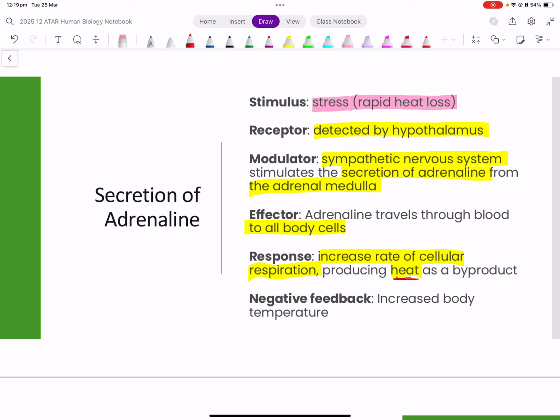Now again, if the stimulus here was rapid heat loss, it is going to be increased body temperature to offset that rapid heat loss. So those are all the mechanisms that we can employ in our body, apart from behavioural mechanisms, to increase our body temperature when it decreases.